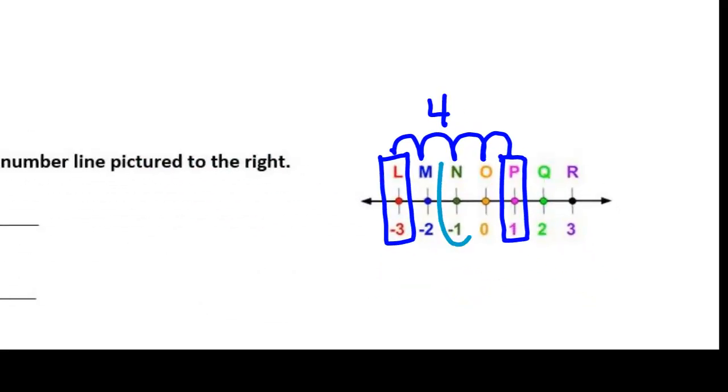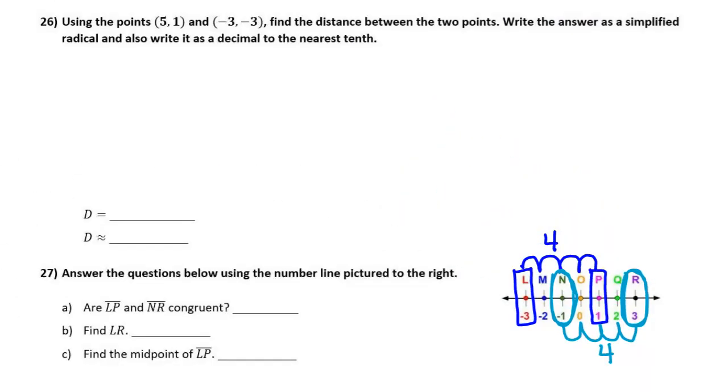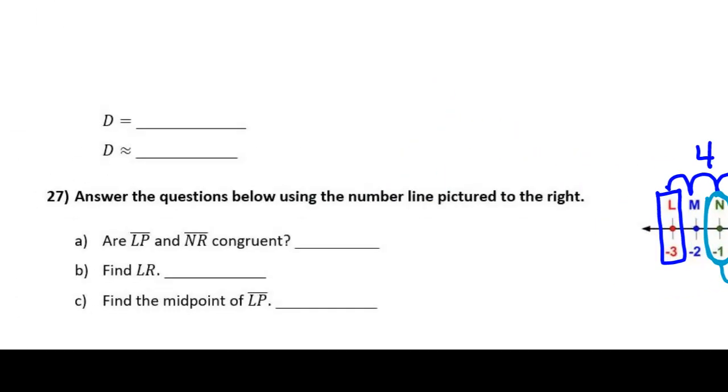NR, here's N, here's R, and we count the hops. 1, 2, 3, 4. Are those two segments the same size? Yes. 4 equals 4.